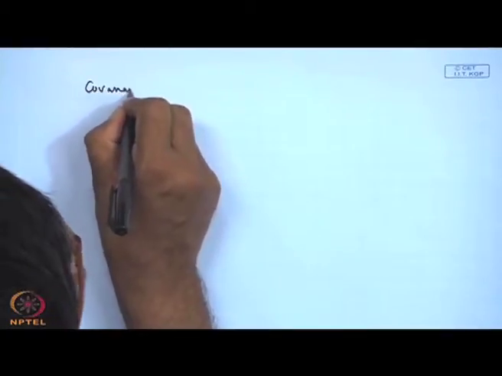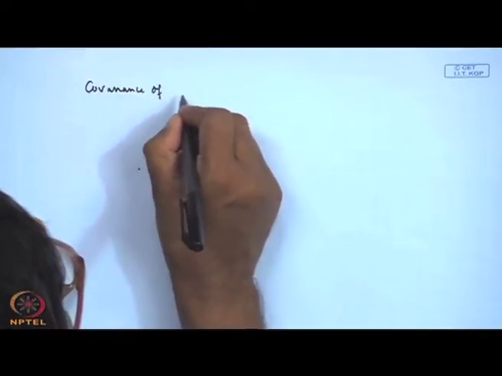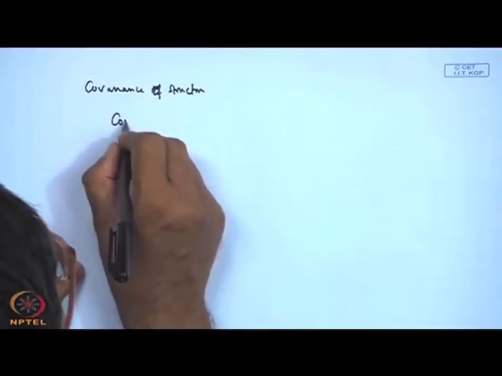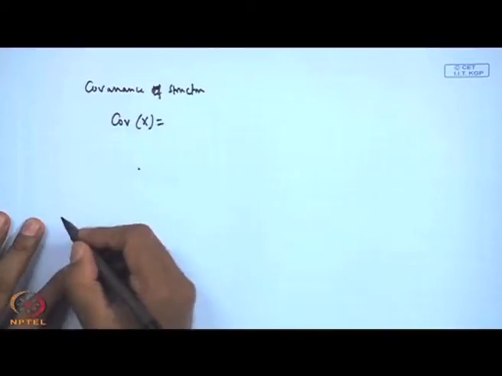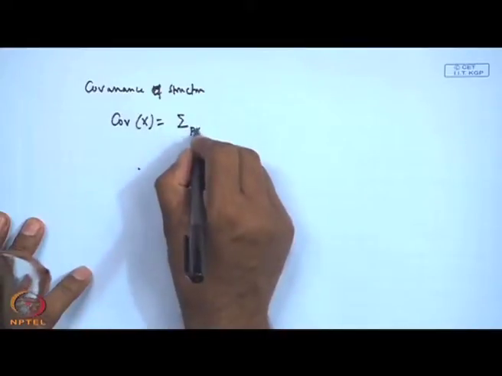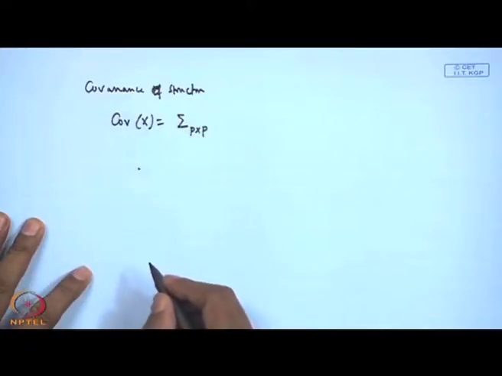Now, as I told you, there is a covariance structure. The covariance structure of your CFA: first, the covariance of x, which will be capital sigma, p cross p.